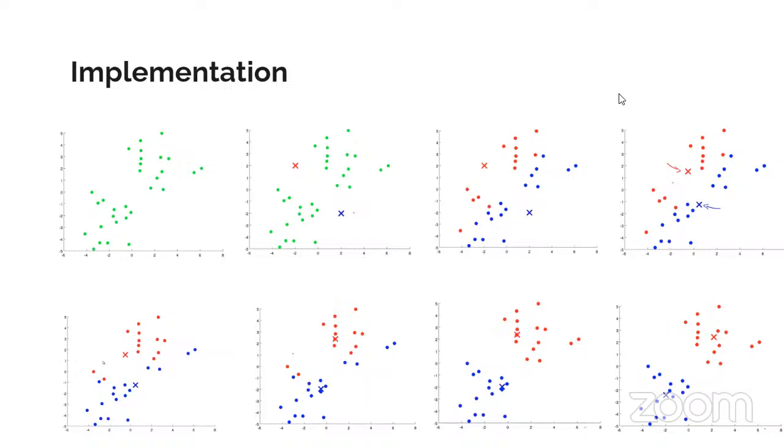Once that is done, I calculate centroid again. Move this point here. Move this point here. Redo the entire step. Okay. Until the labels don't change between those points. Okay. So, yeah.